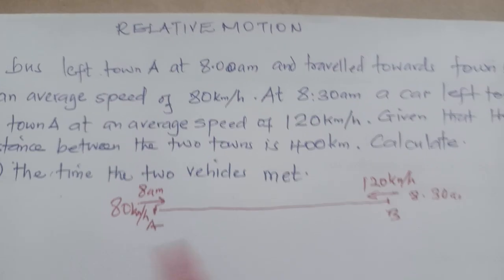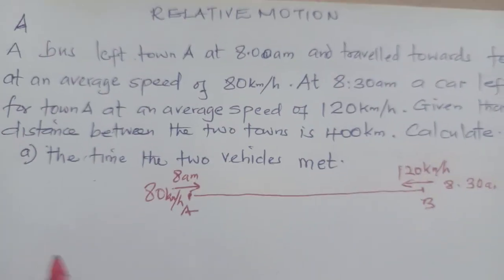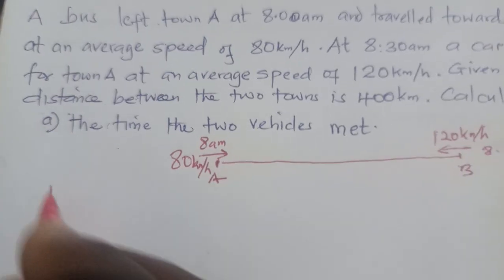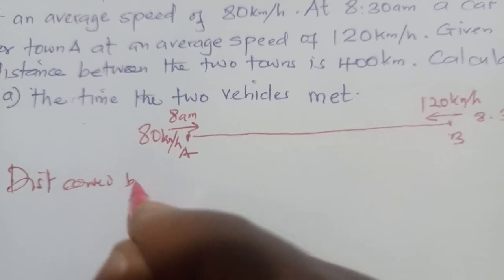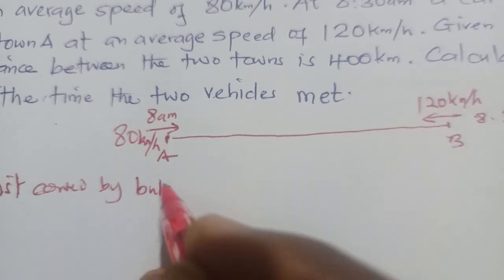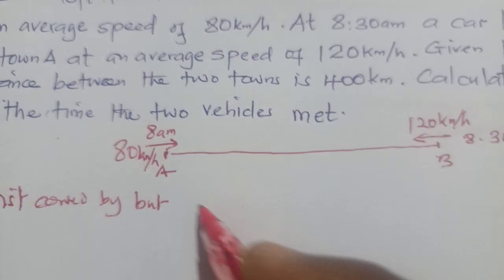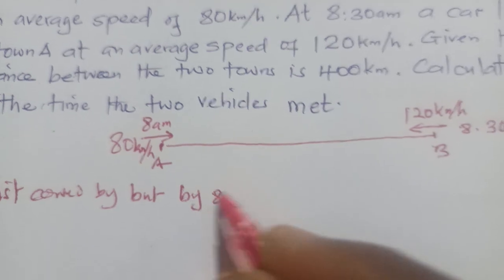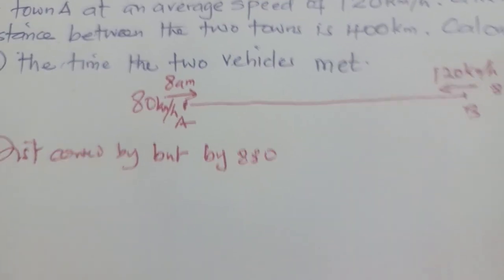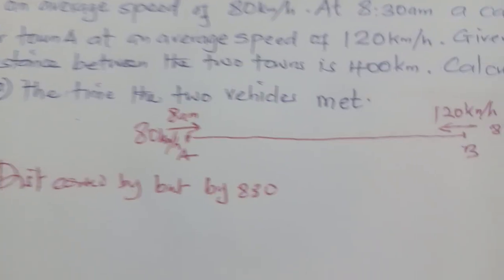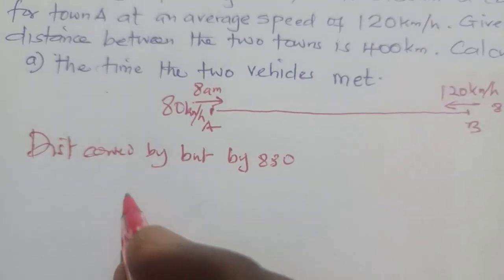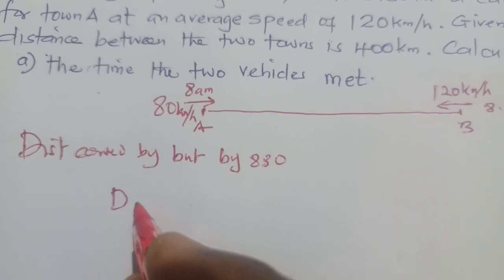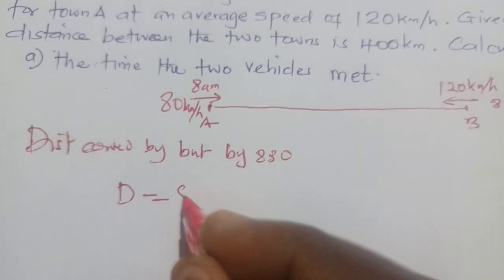So first of all, we can see that the bus starts traveling earlier, 30 minutes before the car. So what we need to do is to find the distance covered by the bus by 8:30, that is 30 minutes before the car starts traveling. We know distance is speed times time.